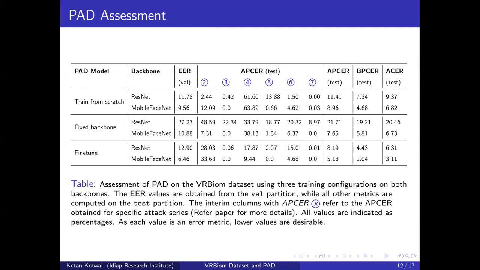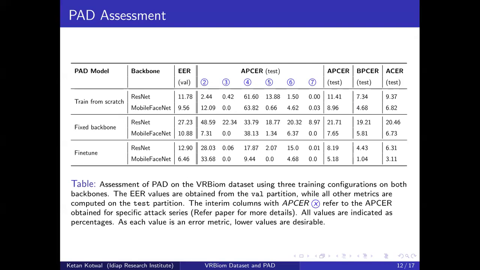The columns in blue represent different types of attack instruments. You can see more details of those in our paper. These instruments are the same as what I described in the previous slides, such as mannequins, rigid masks of a couple of types, custom masks, generic masks, and finally print attacks.